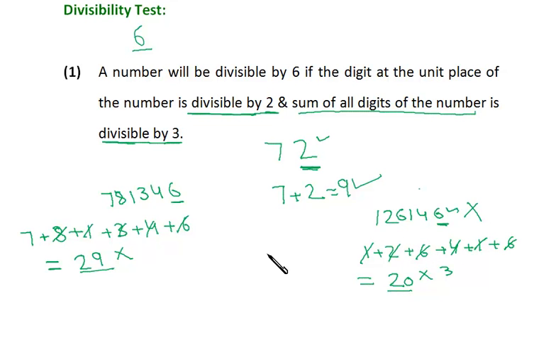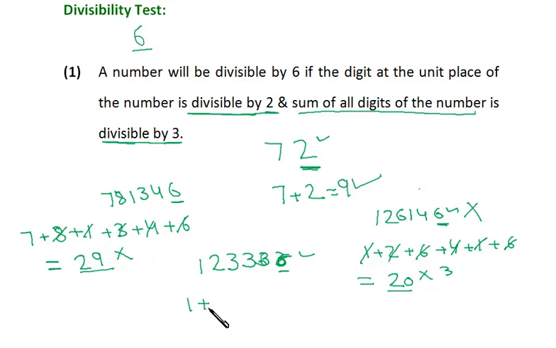Now suppose we've got this number 1, 2, 3, 3, 3, 6, right? We've got this number, so 6, that's divisible by 2.